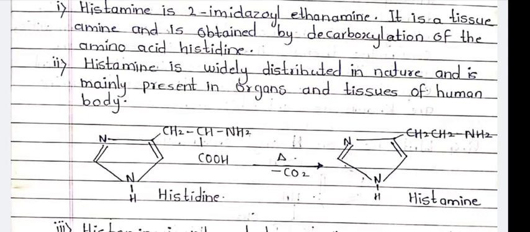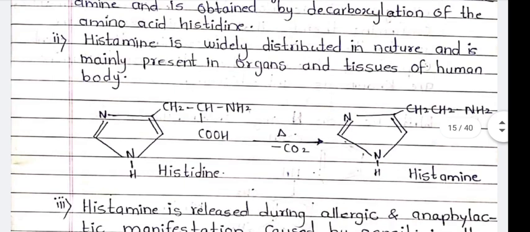It is a tissue amine and is obtained by the decarboxylation of the amino acid histidine. Histamine is widely distributed in nature and is mainly present in the organs and tissues of the human body.